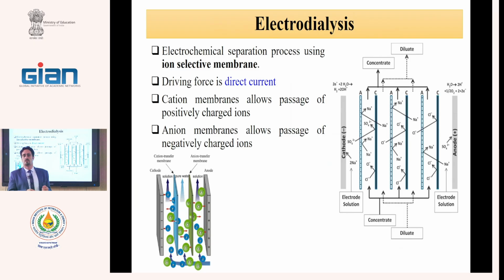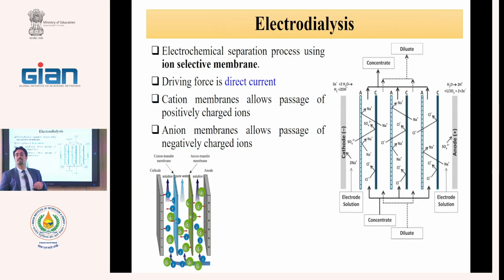Electrodialysis is good for low desalination processes, usually used after RO. RO reduces the high concentration to low concentration, and for low concentration, we can use this to produce low saline water.